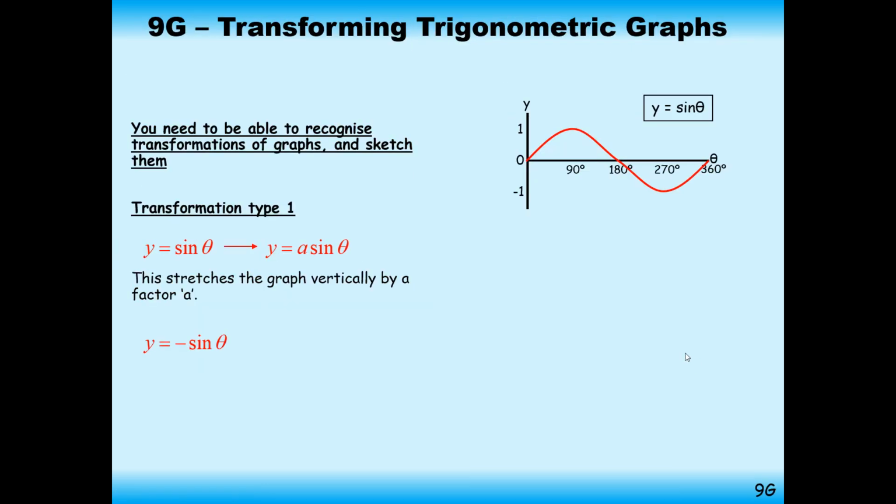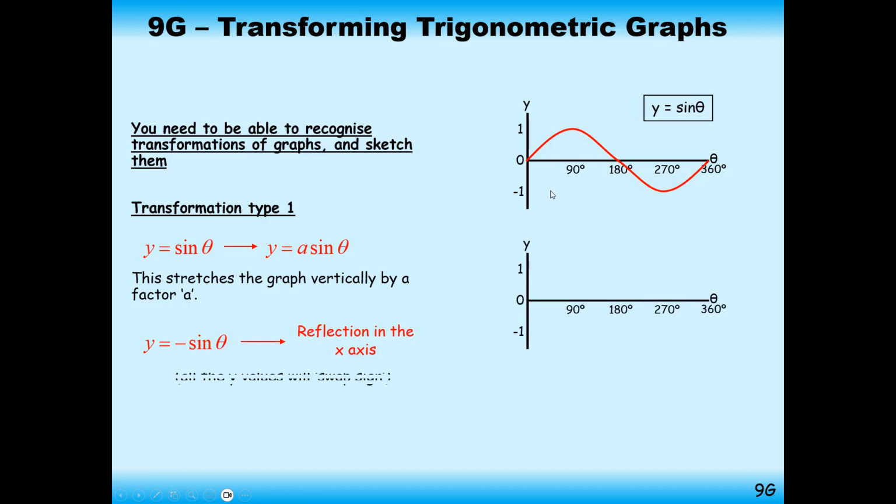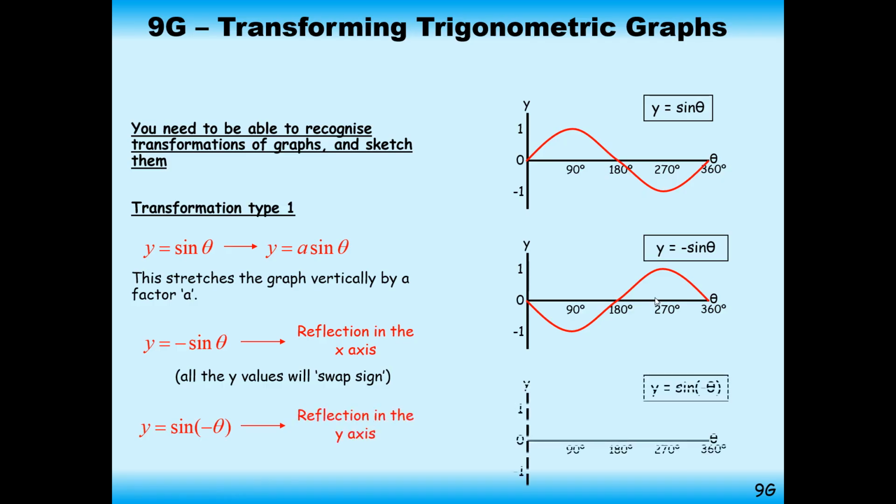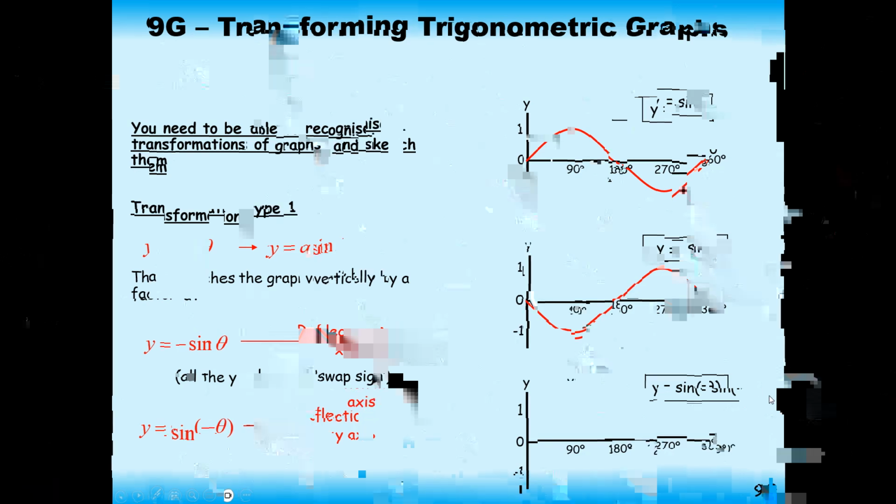What does this negative in front of the sine curve do to the curve? Well, y values will flip. When y values flip, it will look something like so. The graph is reflected in the x-axis. Now, there's a funny thing about the sine curve: if you put a minus sign inside the bracket as well, x values will flip.